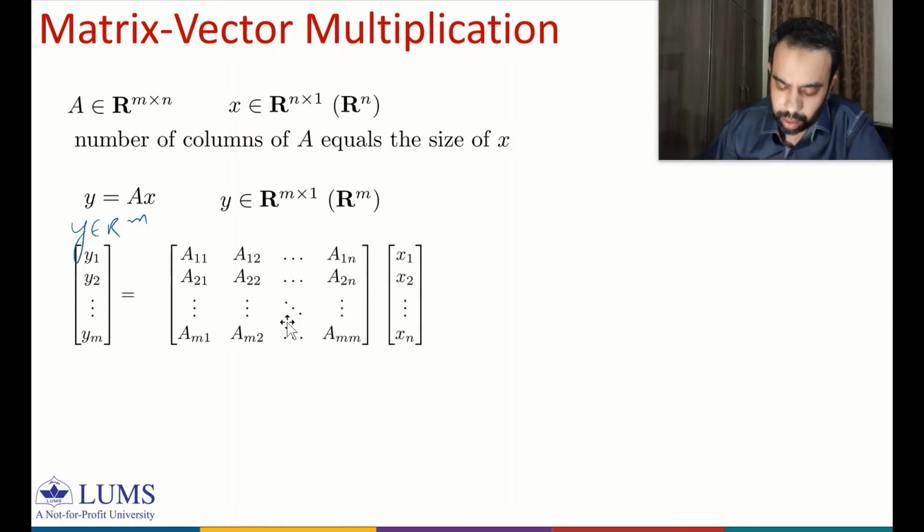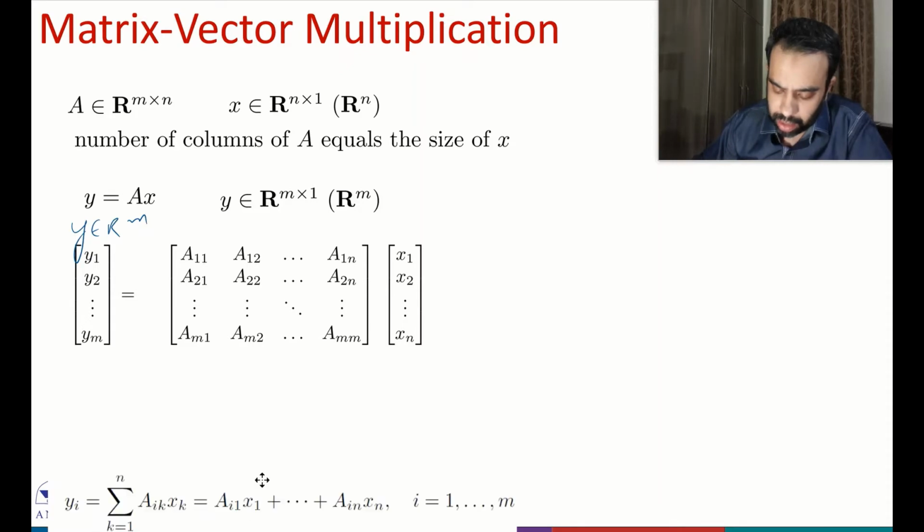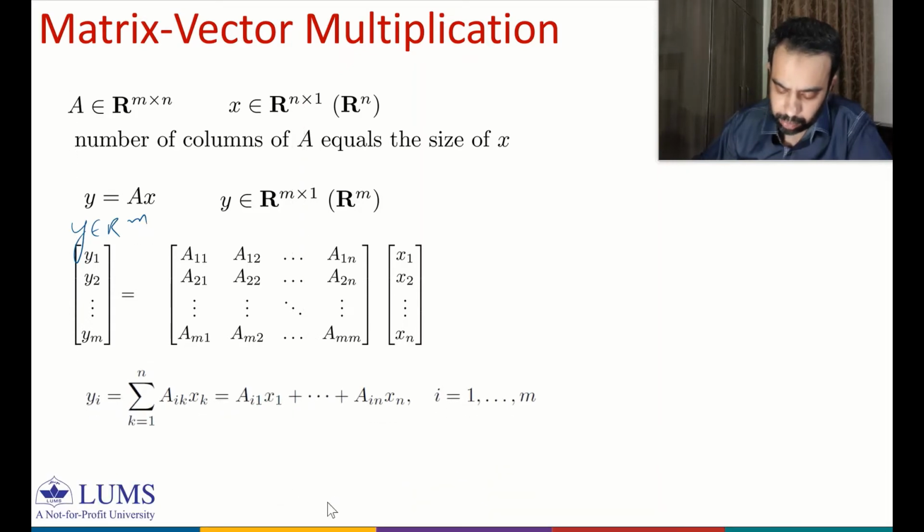Right? And the way this multiplication is defined, that given A and x, how do you get y? That is given by this relationship.